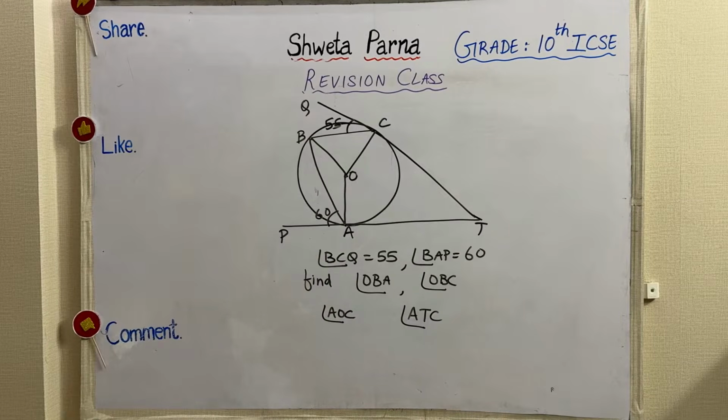TP and TQ are the tangents of a circle with center O. Angle BCQ is 55 degree. Angle BAP is 60 degree. Find angle OBA.